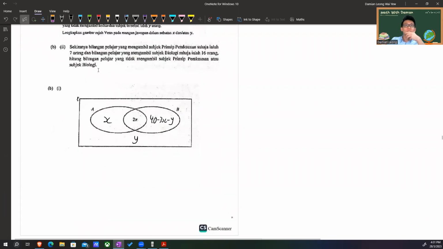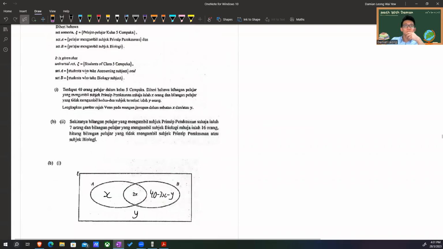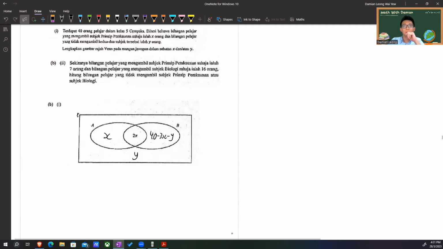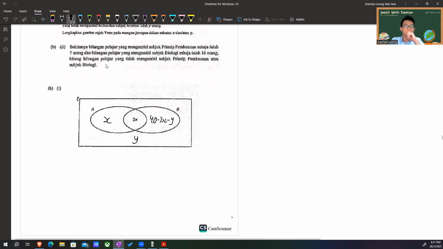Okay. Then, if the number of students who take accounts only is 7, means X is 7. And number of students who take bio only is 16. Find the number of students that does not take accounting or biology.